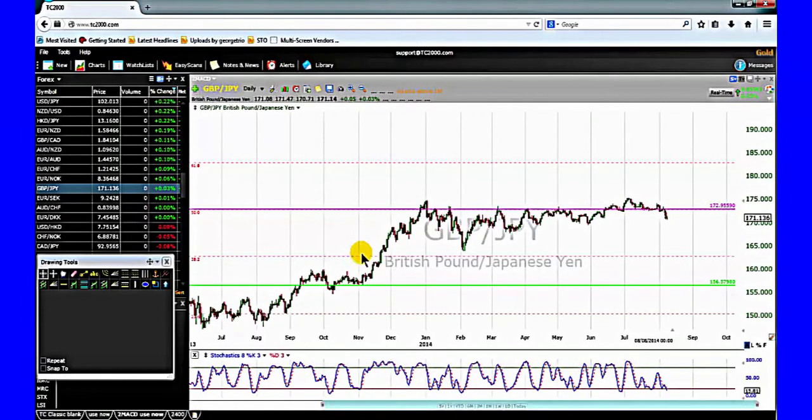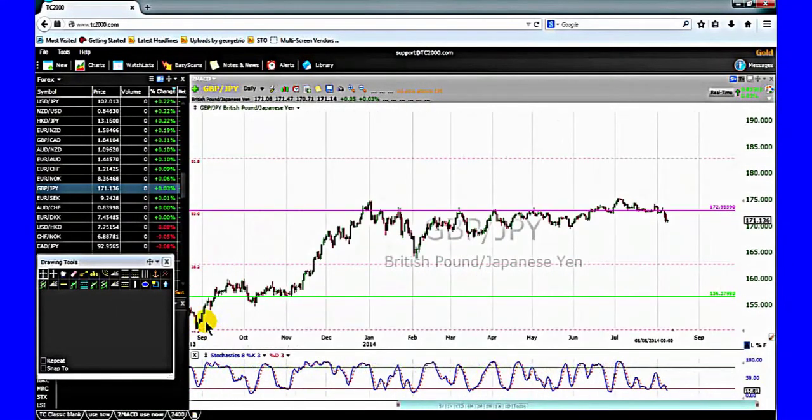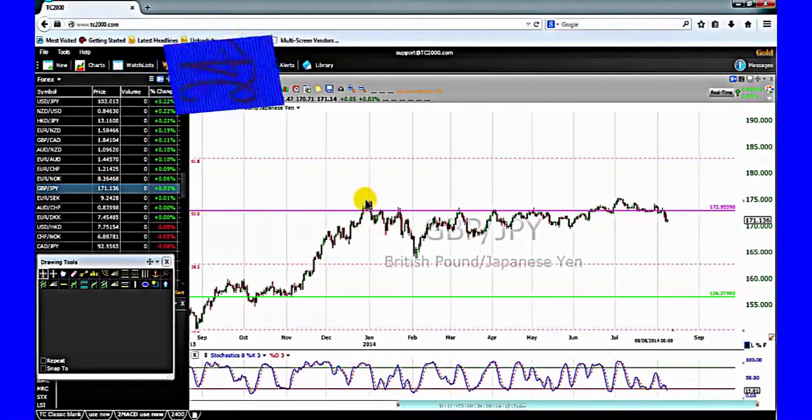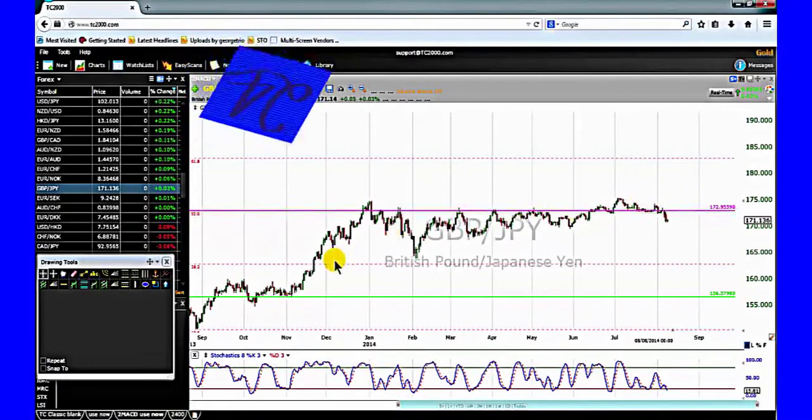The pink line on this chart, as you can see, the price went up from here to the pink line. And from that point onward, the price was just consolidating around the key level. Whenever you see a consolidation taking place, the price is acknowledging a key level, or the market is waiting for a high impact news. In this case, as the price came to the pink line, which is a very important price level, it was acknowledging that key level by slowing down. So for instance, if you were using a method of selling, looking for an opportunity to sell around this pink line, it wouldn't be too bad.